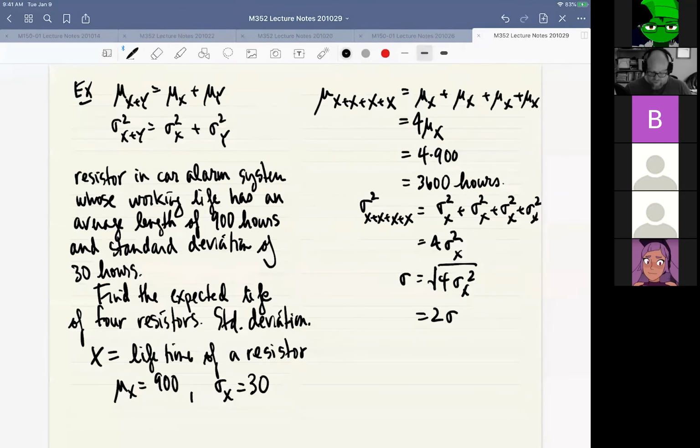So we get 2 times the standard deviation of x. And the standard deviation of x is 30. So the standard deviation of the length of 4 resistors is 60 hours. So this is how we apply that simple theorem.